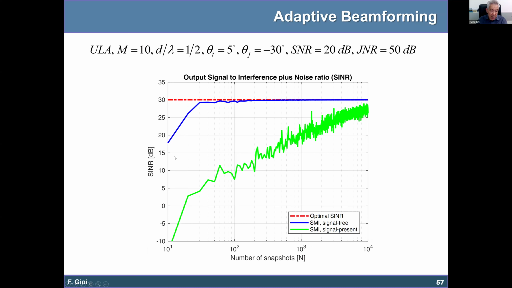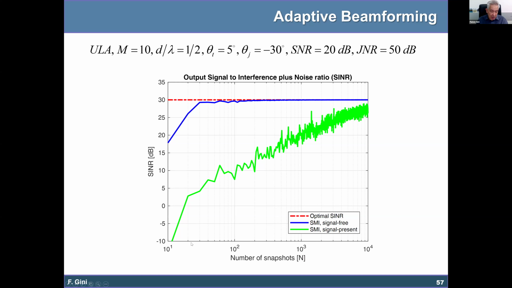And then you plot the output signal to noise ratio for the adaptive beamformer that can estimate the disturbance covariance matrix, so that can observe signal-free secondary data, and you compare with Capon, the sample matrix inversion that has to estimate the total data covariance matrix, so signal present, you can see that the convergence to the optimal signal to noise ratio in the second case, so if we have data contaminated by signal, is much, much slower.